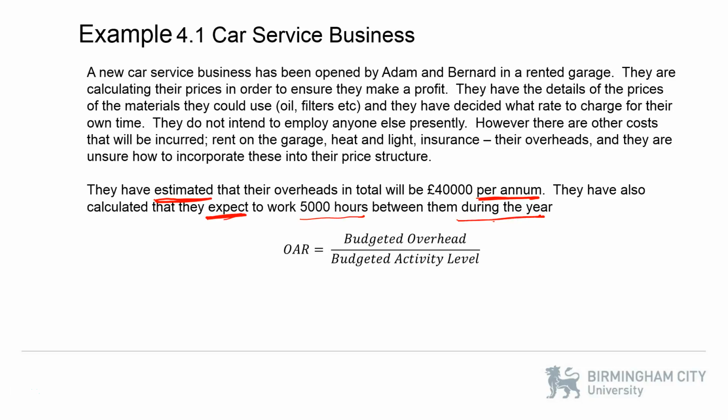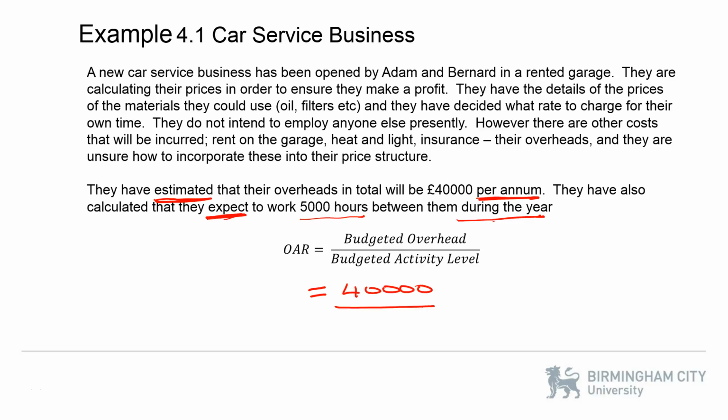So we can work out an overhead absorption rate. We're looking for our budgeted overhead, which is £40,000, and we're looking for our budgeted activity level. So that's, as I said, usually labour hours or machine hours.